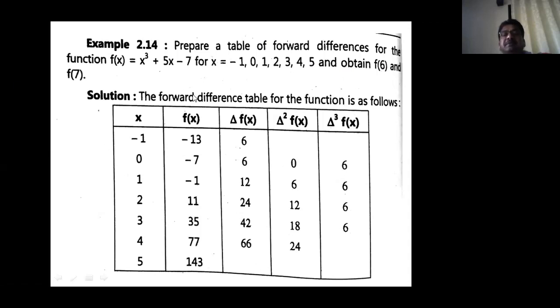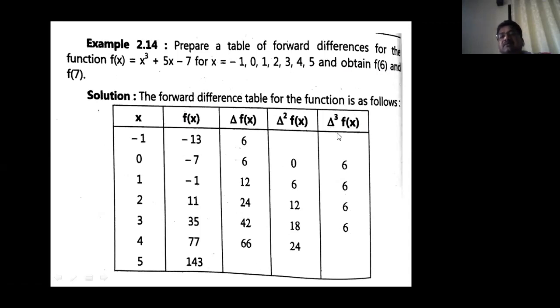So first we prepare the forward difference table. Write the values of x. The values of x are 1, 2, 3, 4, 5, 6, 7, 7 in number. Similarly, the values of y or fx are 7 in number. Therefore, the last column is delta raised to 6 fx.